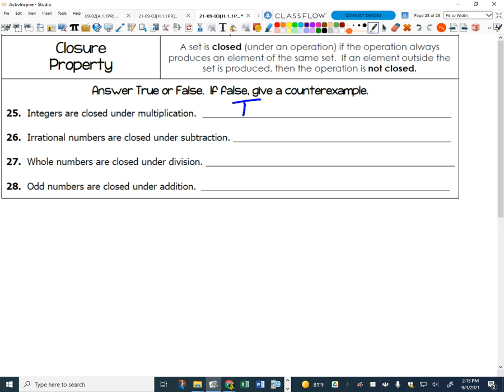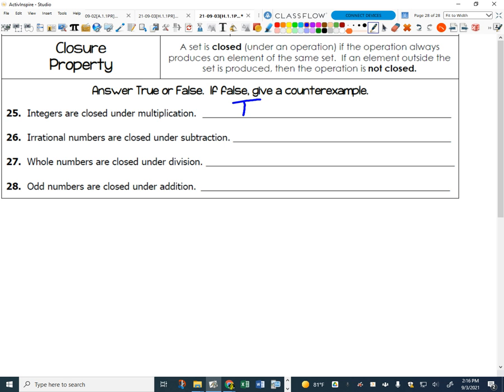The set of irrational numbers is closed under subtraction. Now I'm going to ask you something else. How many counterexamples would you need to come up with to make that statement false? 1. You don't need 10, you only need 1, right? If I can think of one example where that is not true, then the set of irrational numbers is not closed under subtraction.